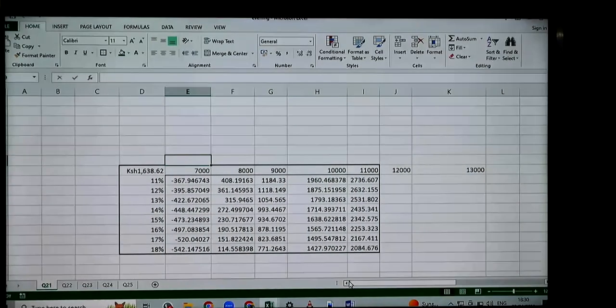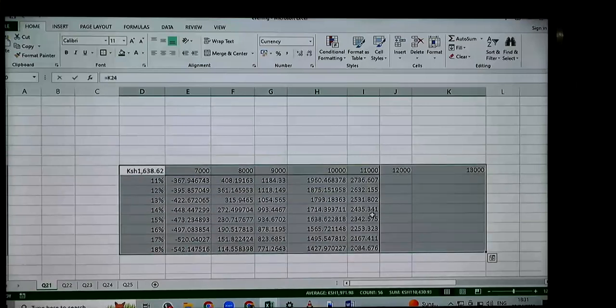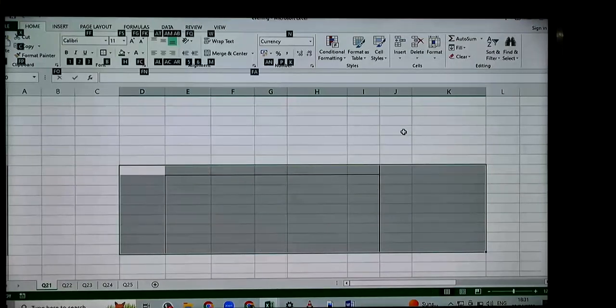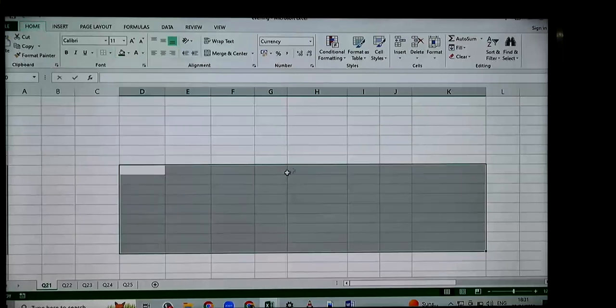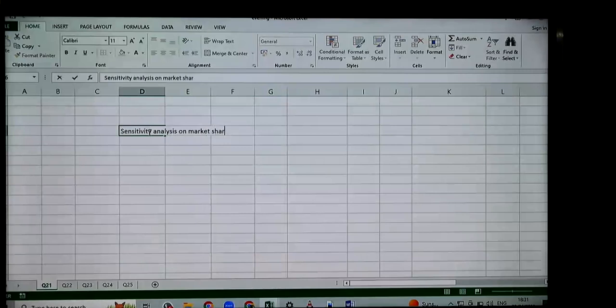I think there you can see clearly the sensitivity table. I was saying for sensitivity analysis, we are doing sensitivity analysis on market share and the discount rate.